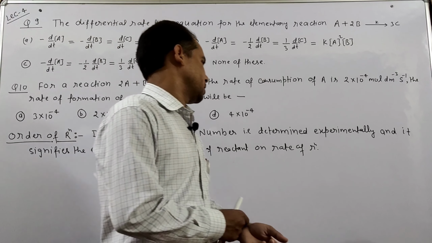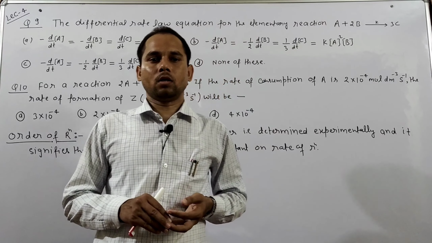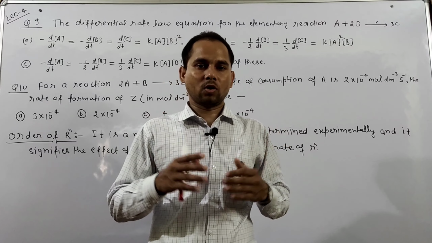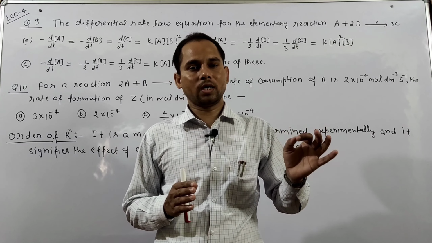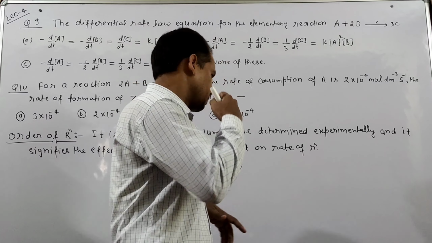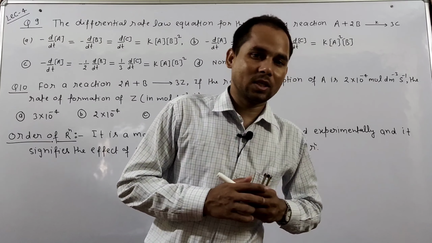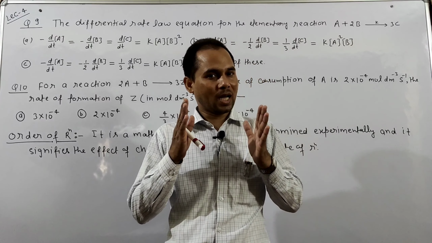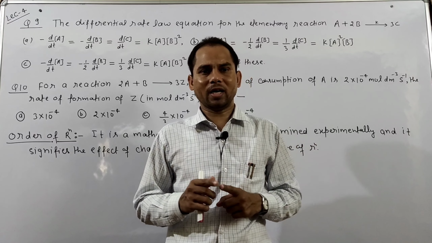Now I am going to discuss the order of reaction in some detail. As we know, there are zero order reactions, first order reactions, second order reactions; reactions follow zero order kinetics, second order kinetics, third order kinetics, and some more. Basically the order of reaction is a mathematical number which is determined experimentally, not theoretically.